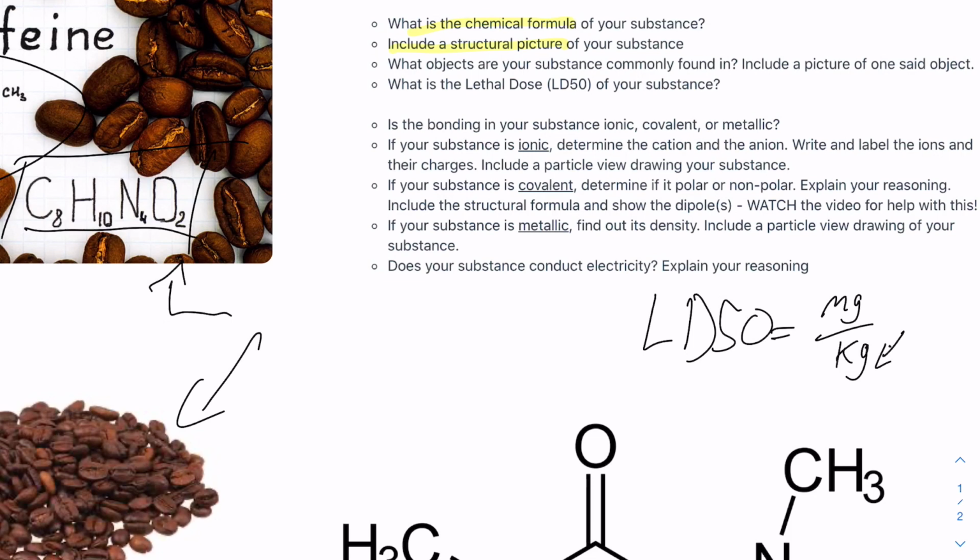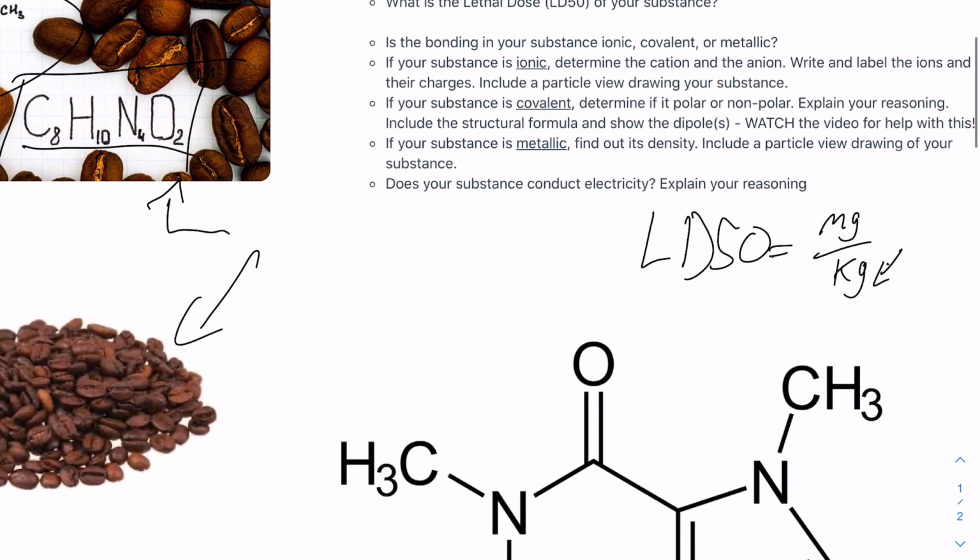Okay. So the next few are all dealing with bonding. Now, you don't have to do all of these. It depends on what substance you pick and what type of bonds form your substance. So we really have to take a look at this first question of the next set of bullet points. Is the bonding in your substance ionic, covalent, or metallic? Hopefully by now you know the differences between the three, right? Ionic, just to review real quick, ionic is metal plus non-metal.